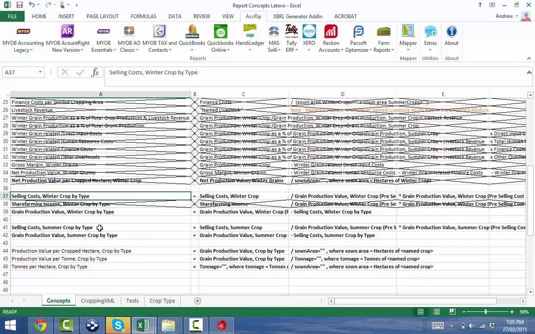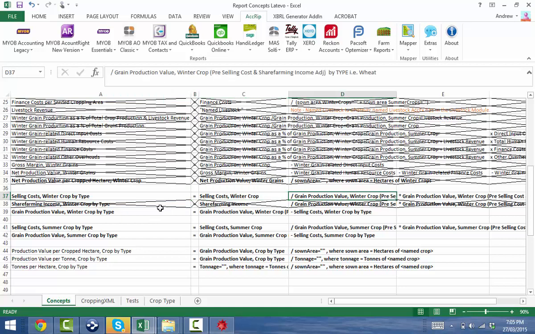Selling costs, and then we go into crop by type. We look at selling costs, winter crop by type, because you'll see later on you actually need to break these selling costs out. Selling costs on all winter crops over grain production value winter crop, pre-selling cost by type.